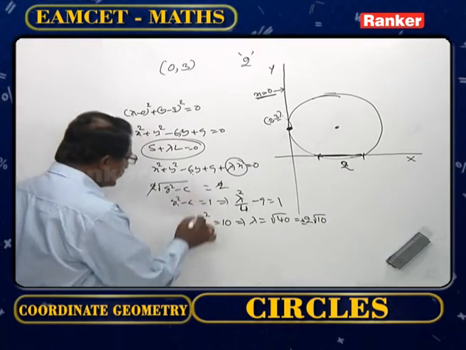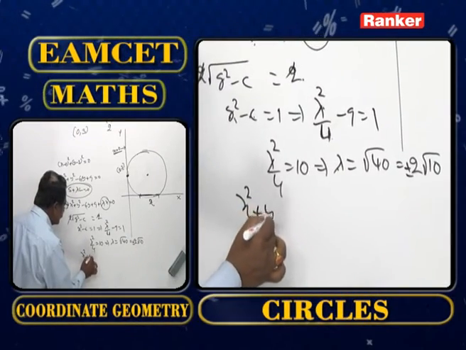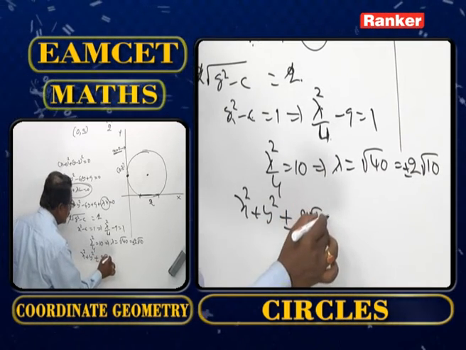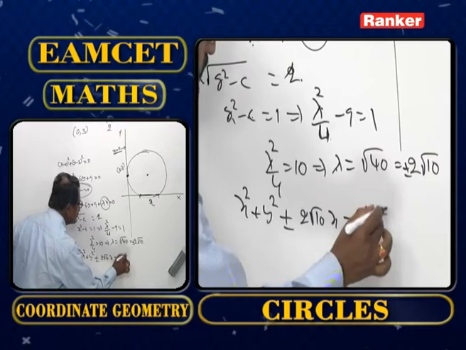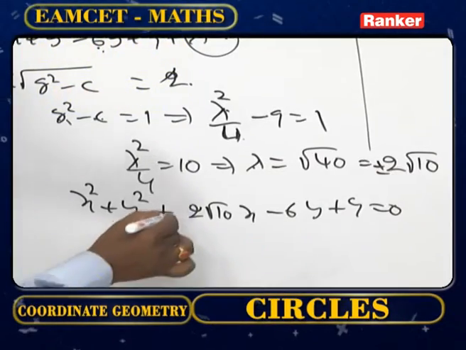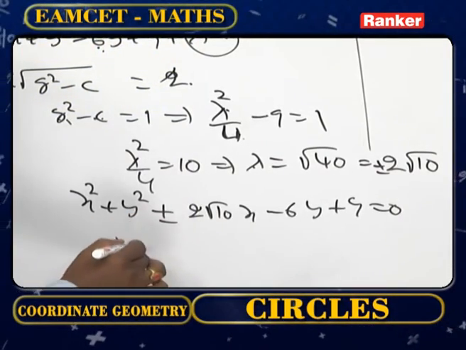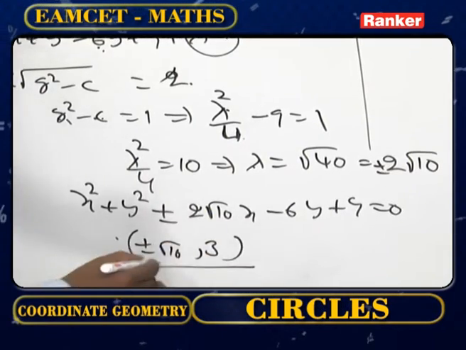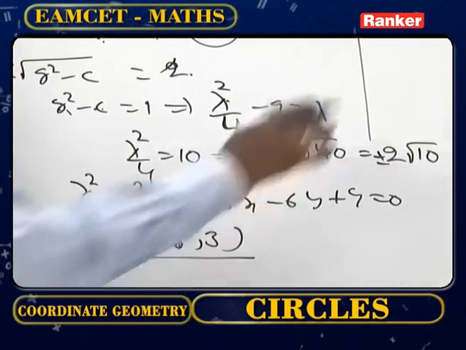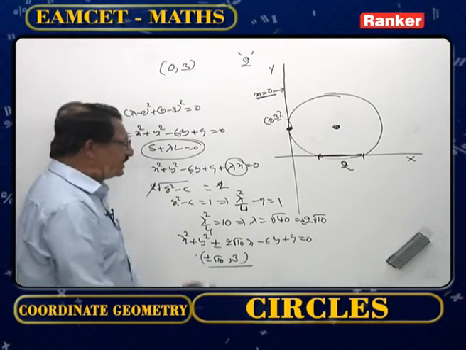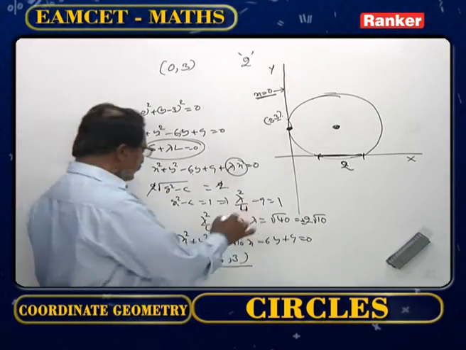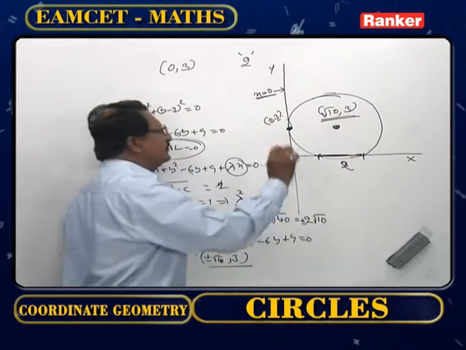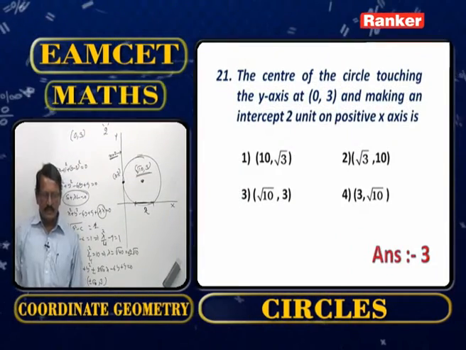The circle's equation is x square plus y square plus or minus 2 root 10 x minus 6y plus 9 equals 0. The required center is (plus or minus root 10, 3), but the center lies in the first quadrant, where both x and y coordinates are positive, so the center of the required circle is (root 10, 3). The third option.